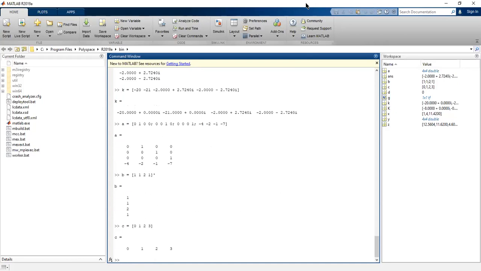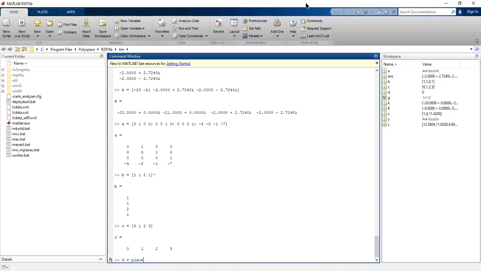All right, so now what we want to find again. Let me just call it G for gains. G equals place, as in the pole placement method that we're talking about.